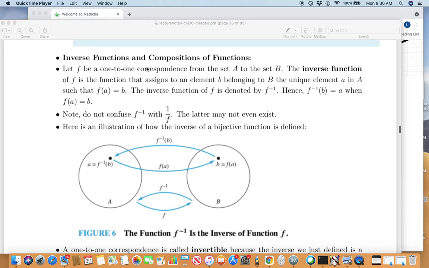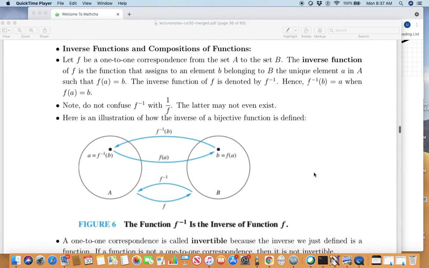Alright, inverse functions and compositions of functions. Let f be a one-to-one correspondence from the set A to the set B. Okay, that is, it is a bijective function. The inverse function of f is the function that assigns to an element b belonging to capital B, that is the codomain, the unique element a in A such that f(a) equals b.